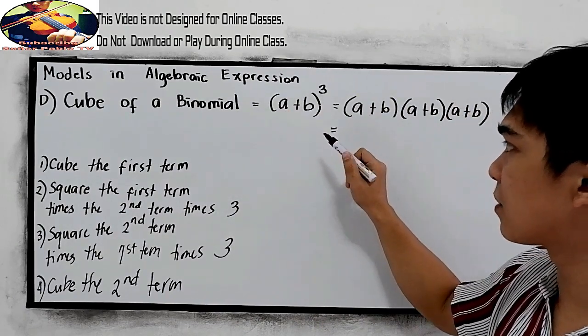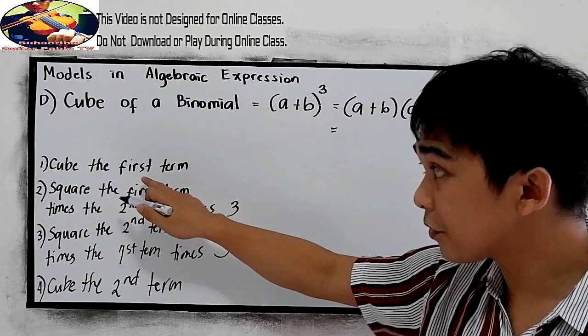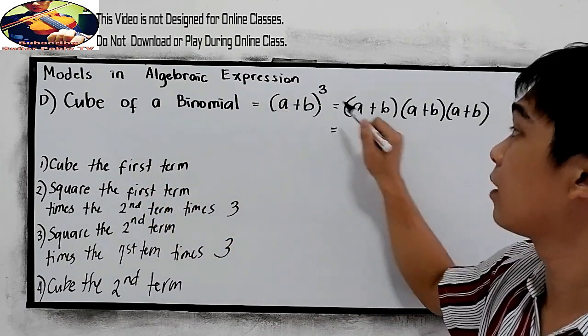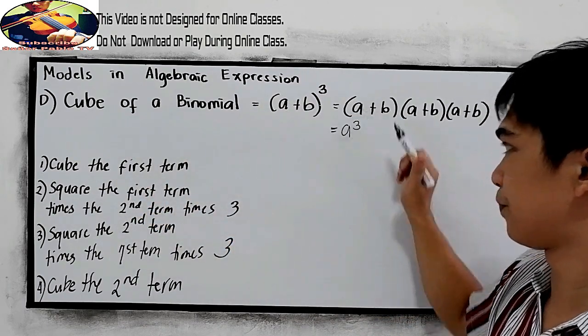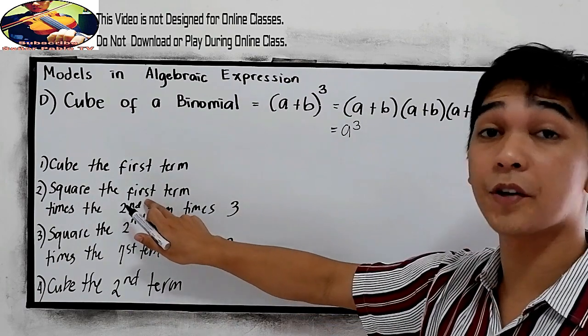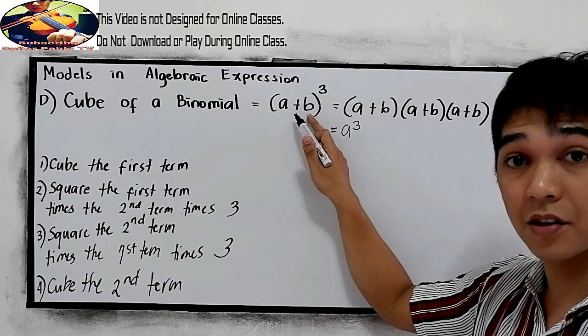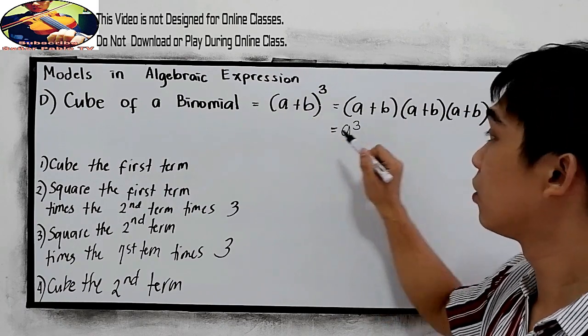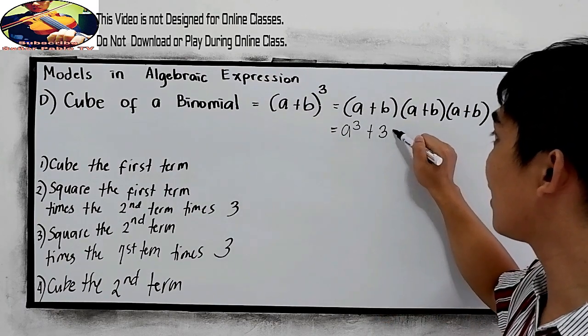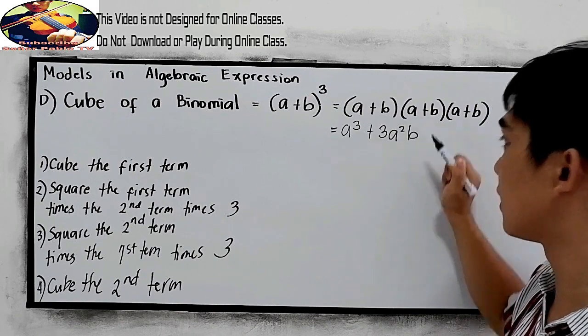So our answer must be cube the first term, so a cubed. Next, square the first term. So we have a squared times the second term times 3. So we have 3a squared b.